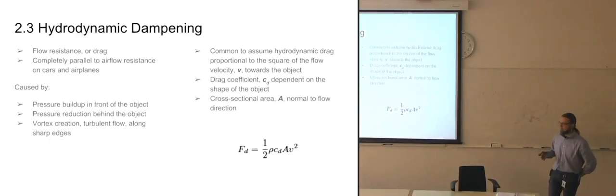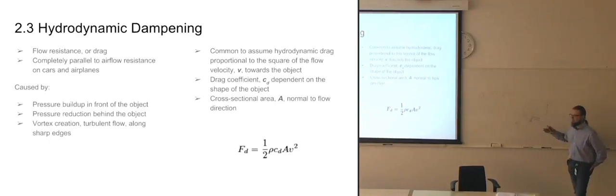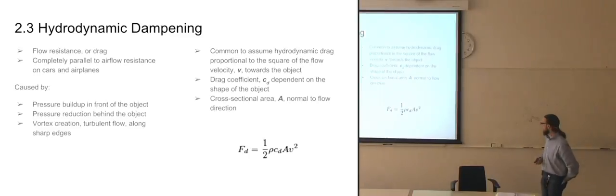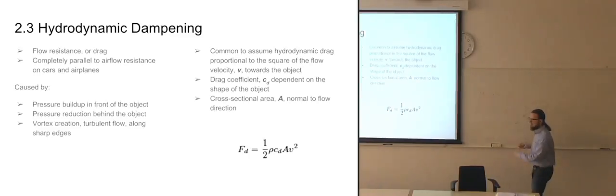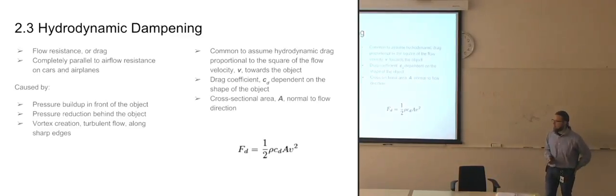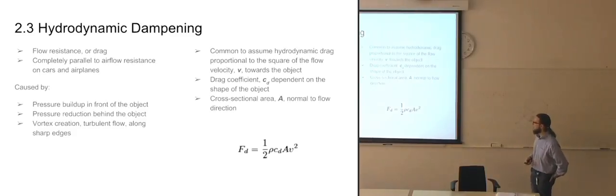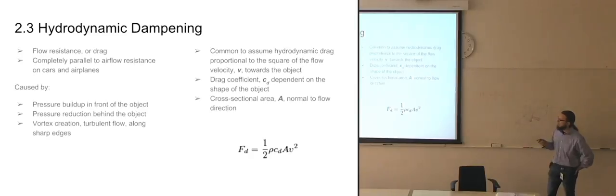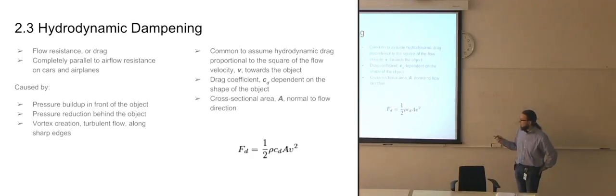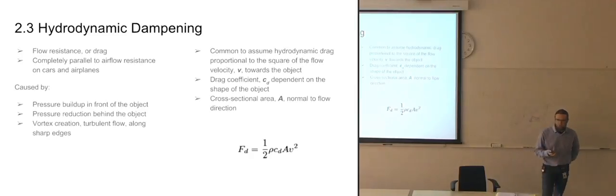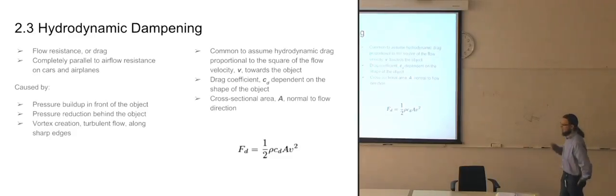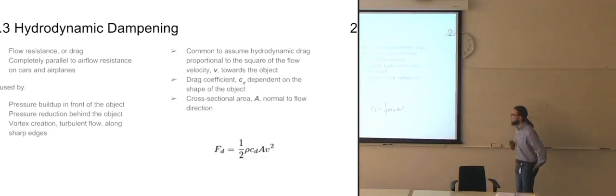And the velocity is easy. If the thrusters are giving it a forward velocity of 3 meters per second or something, then that's what's going to be your velocity. So it's a fairly easy calculation to do. The main problem is often just figuring out what the drag coefficient is going to be. But we're going to look at that when we get a bit further on.